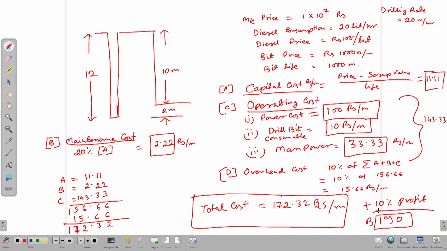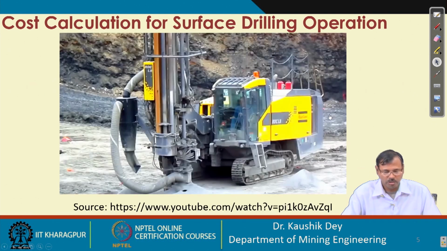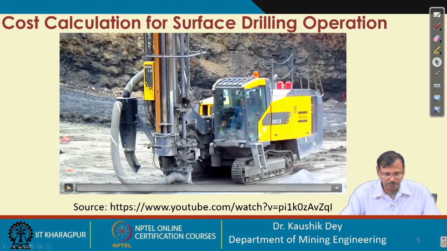Okay. So, this one is already there, and in this case let us look into the slides, because this is already solved in the slide. So, this is the drill machine. You know, drill machines are operating like this.